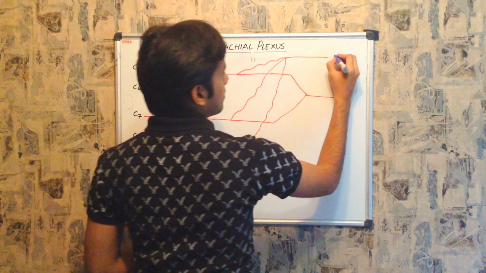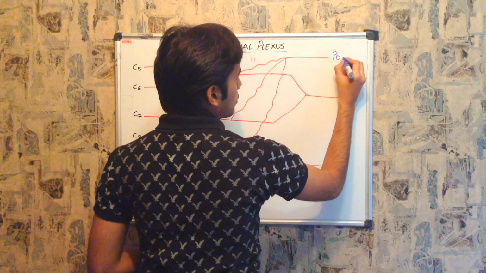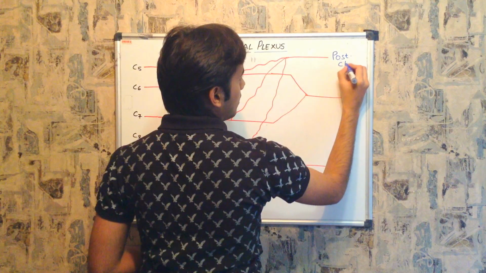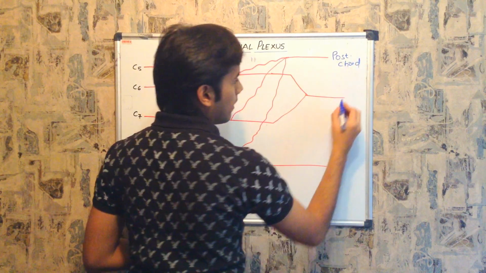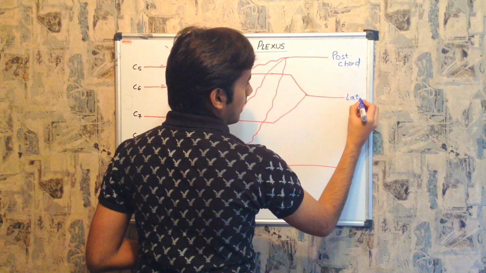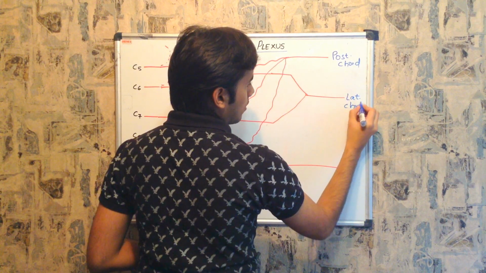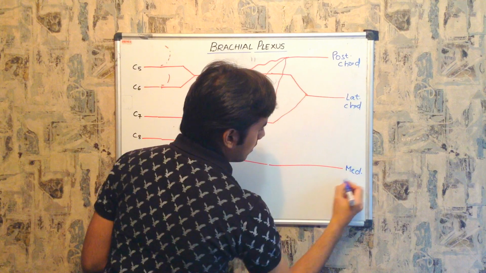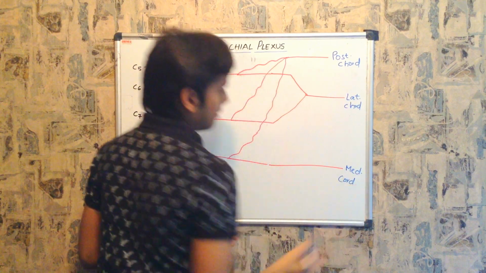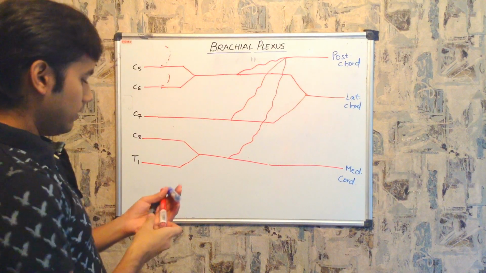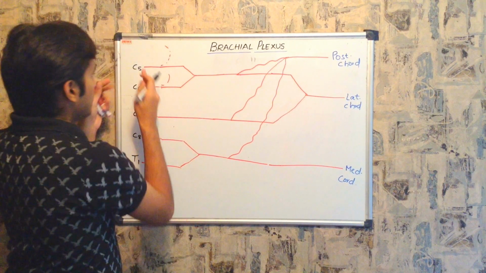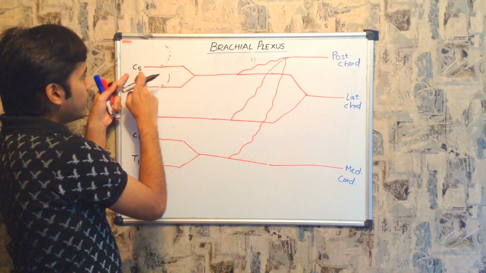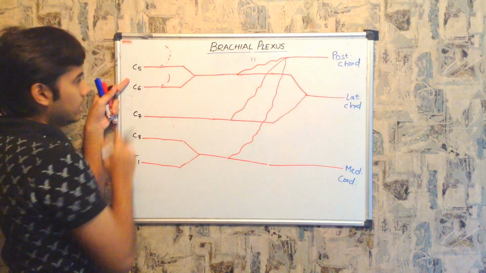So here this is the posterior cord, and this is the lateral cord and this is the medial cord.